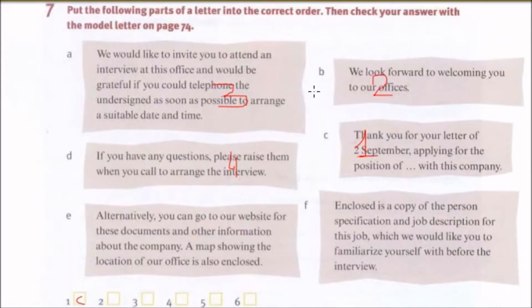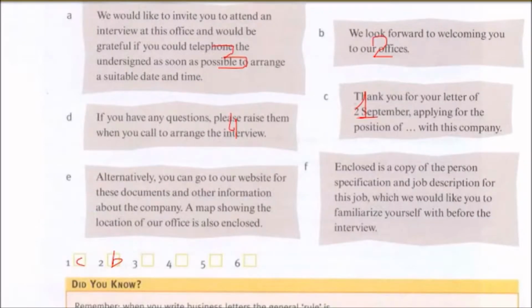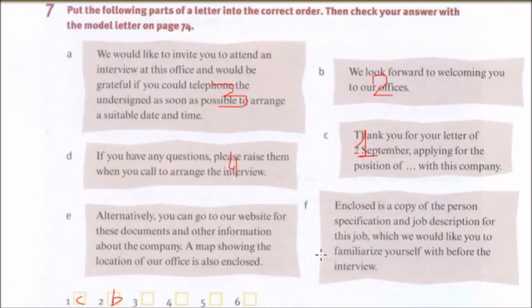The second part is letter B. So you write B down here. Okay? So complete these 6 squares here, and then we will check. Take 5 minutes to organize your letter.